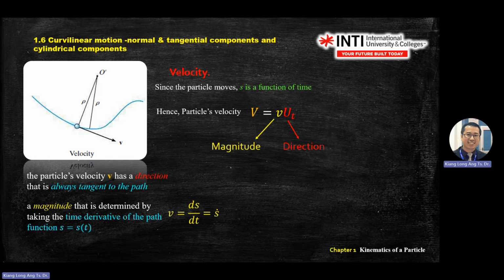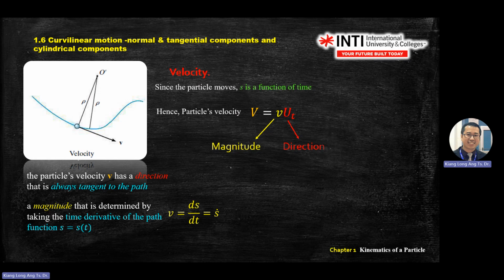So be familiar with vector form. For example, the more familiar one is your Fx i plus Fy j plus Fz k. Now you change the force into velocity: velocity x i plus velocity y j plus velocity z k.